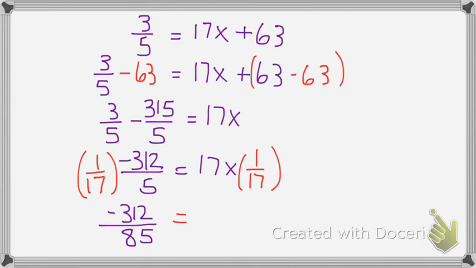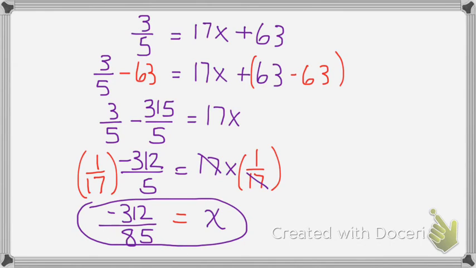And that will equal, over on this side is just my x variable because the 17s are canceling. So I just got x equals negative 312 over 85.